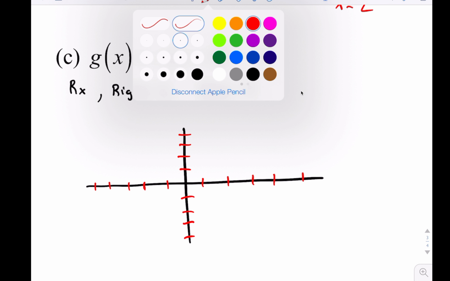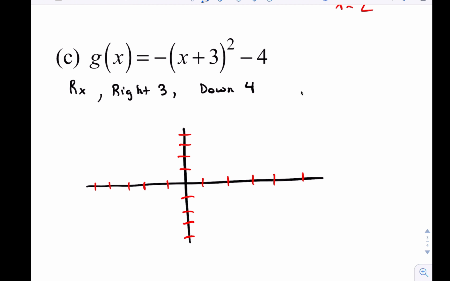Okay, so my vertex originally starts at 0, 0, but because I'm going to move it right 3 and then down 4, it's now going to go to 3. Oh, I'm sorry. I'm messing up here. Sorry about that. So that's actually left 3. My mistake. Down 4.